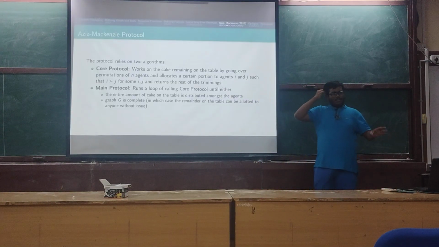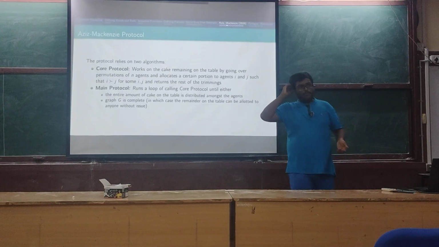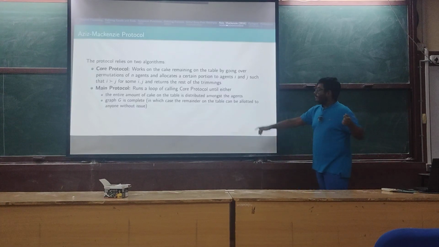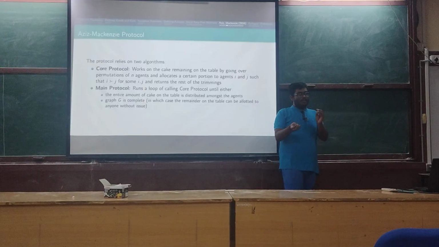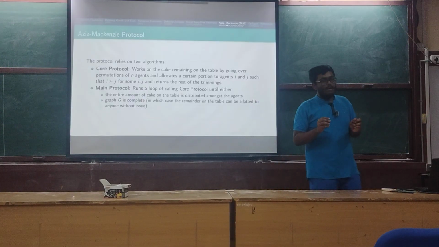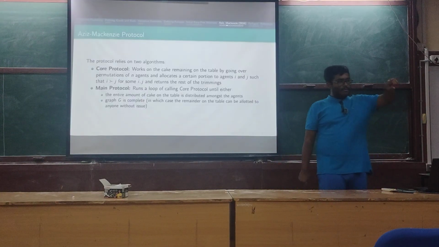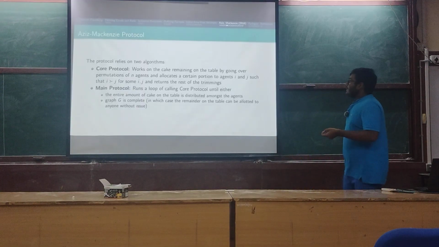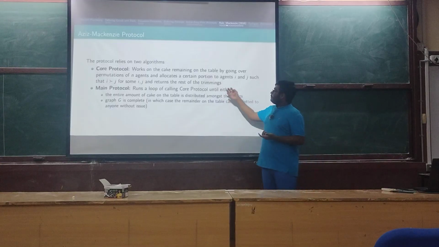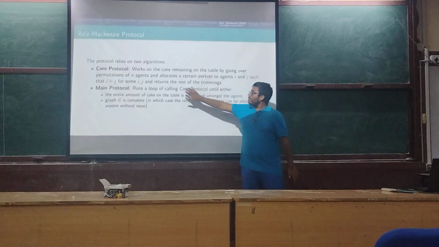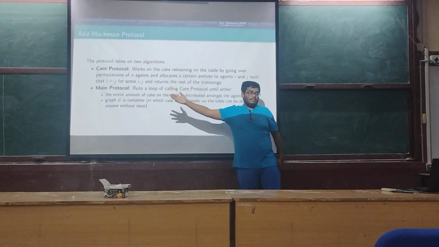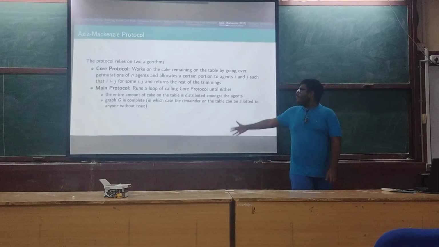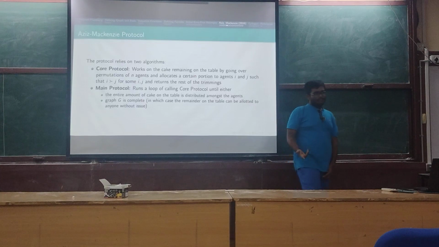We'll later prove mathematically that such a permutation will exist unless everybody has the same valuation functions; i and j will have some sort of imbalance. Makes sense? So one piece will be valued differently by i and j. There will exist a certain trimming that would guarantee an allocation so that i dominates j. That is the way we will divide the remaining cake on the platter, and it will return the rest of the trimmings which is still left over.